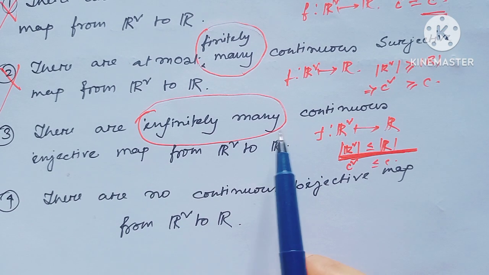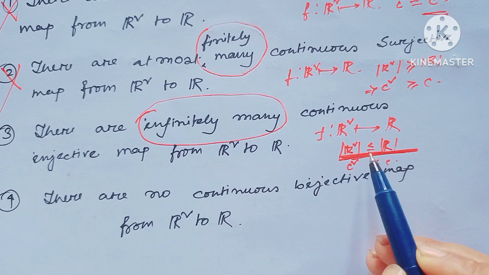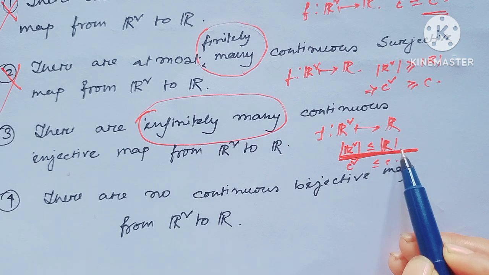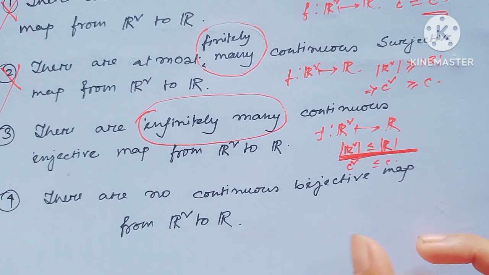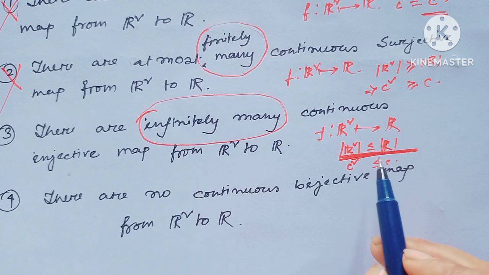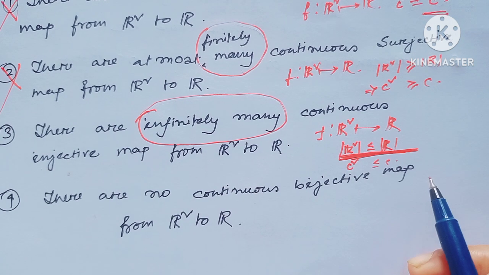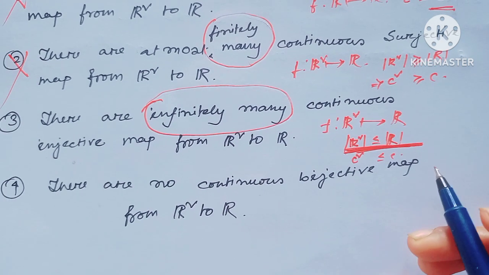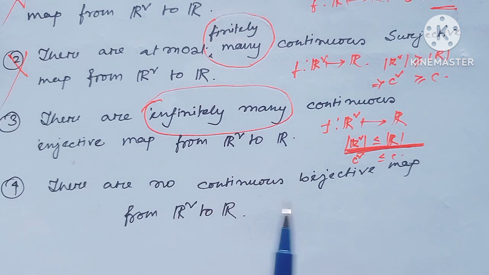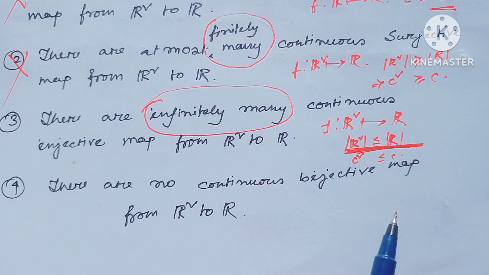But obviously this is not possible, because a 1-1 function means the cardinality of R2 would always be less than the cardinality of R. This is not true.